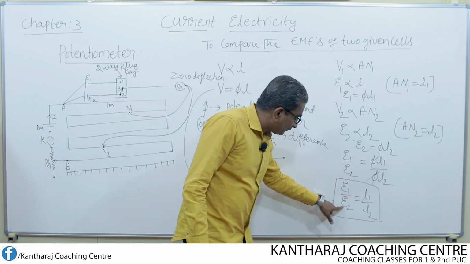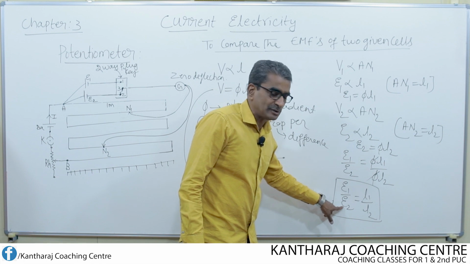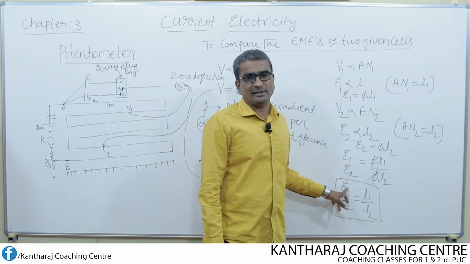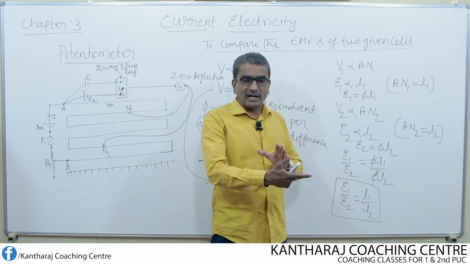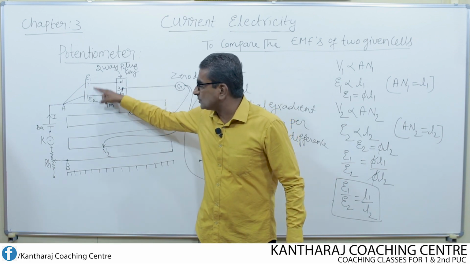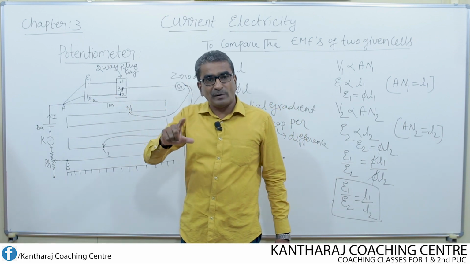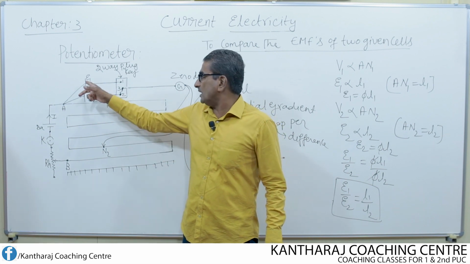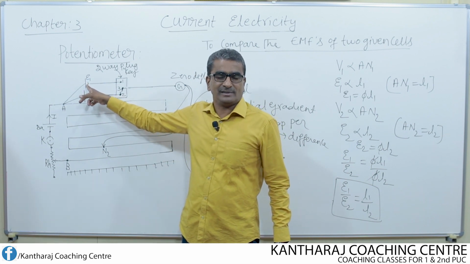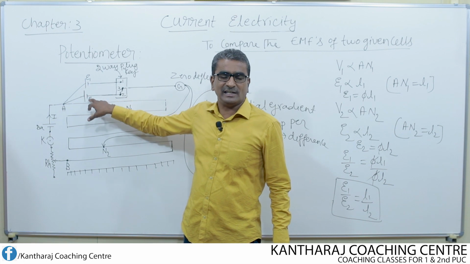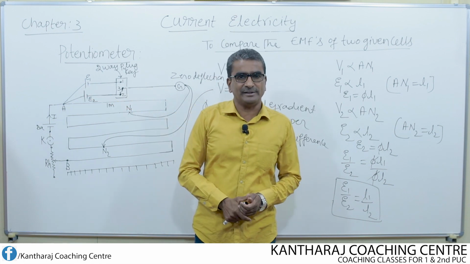Or if E2 is known, then we can determine E1. So from this equation, either we can compare the EMF of two cells or we can find the EMF of any one cell, provided the EMF of one cell is given.